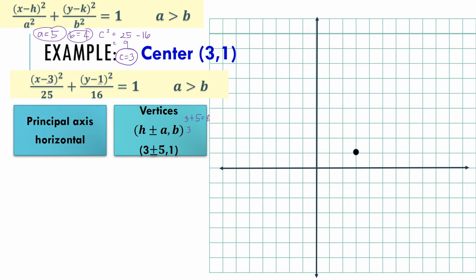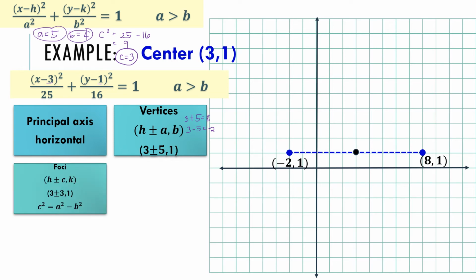The other is 3 minus a, which is negative 2. And k is 1. So we have (negative 2, 1) and (8, 1). That is our principal axis, or the major axis.